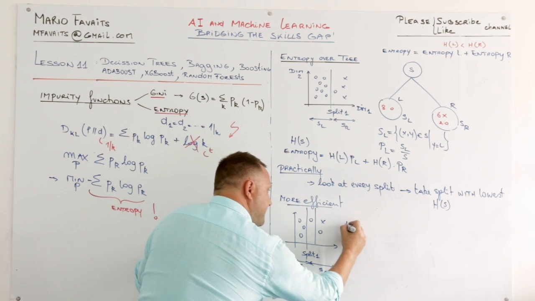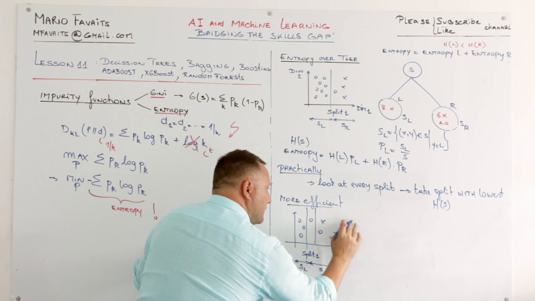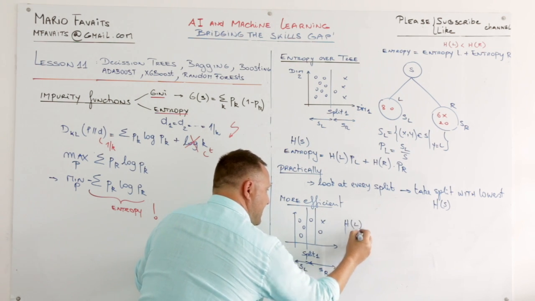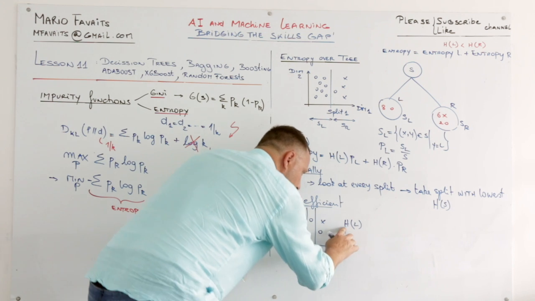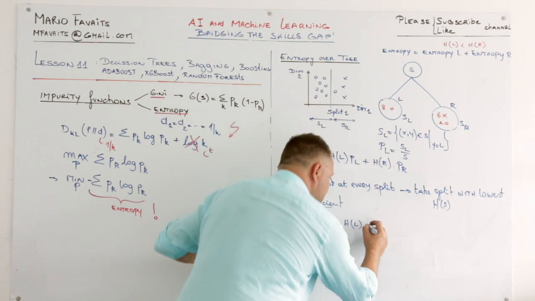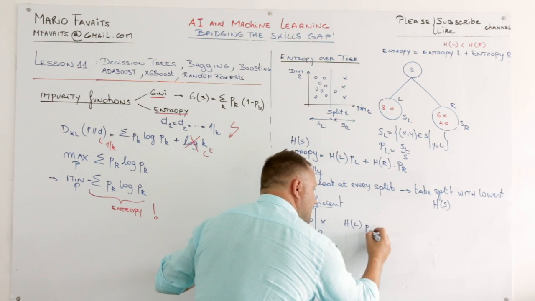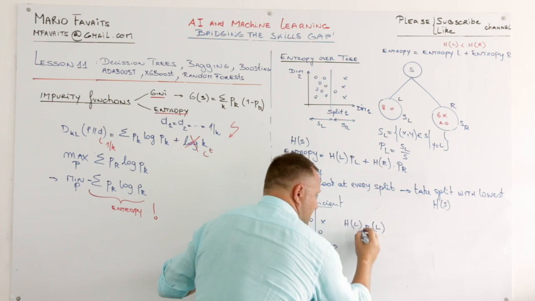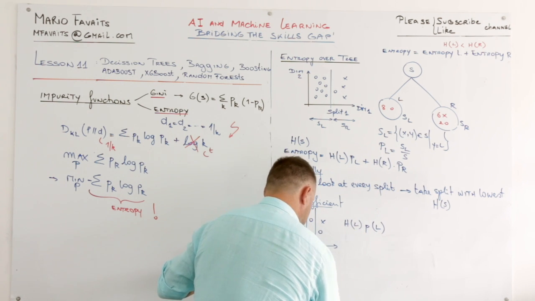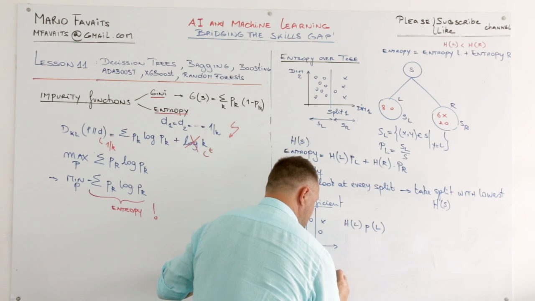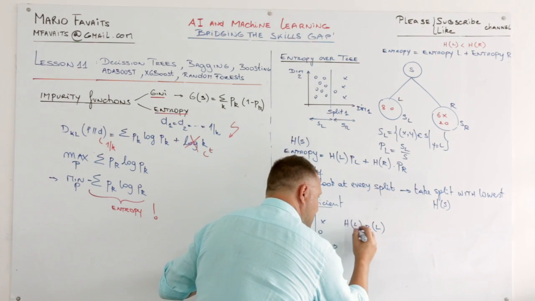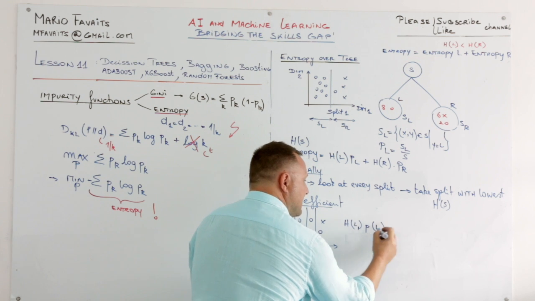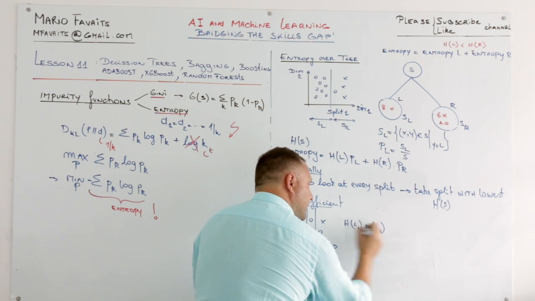The entropy on the left side will need to be multiplied by P on the left side. But let's call this SL1 and this SR1.